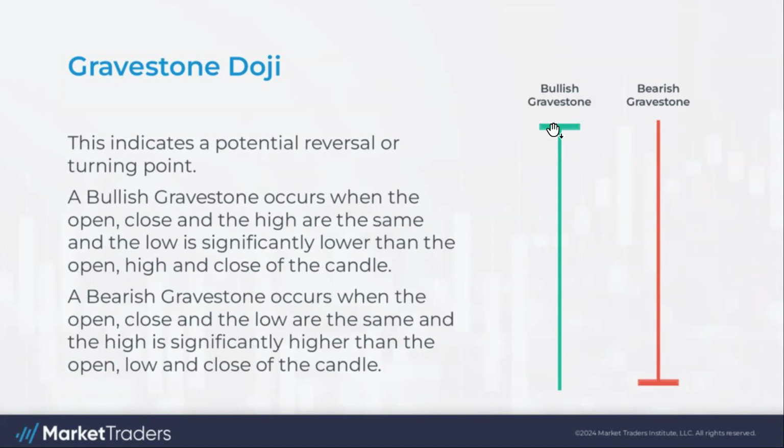So you see the gravestone. On the upside, there's no wick for the bullish gravestone and then the bearish gravestone. There's no wick to the up, there's no wick to the down. So what it means, if you want to explain it: when the market opened from here, the market came down.